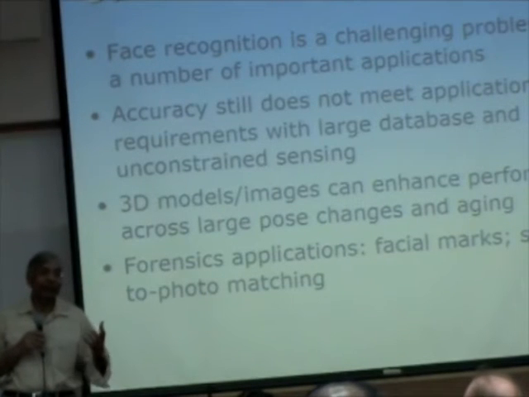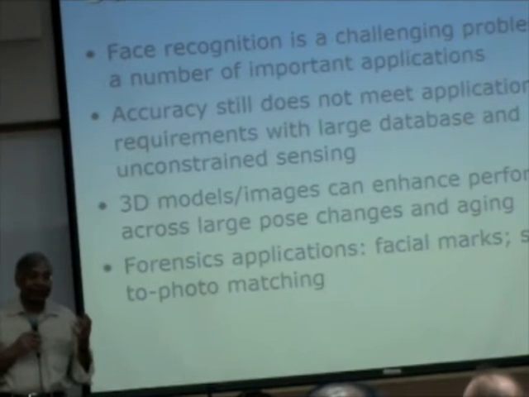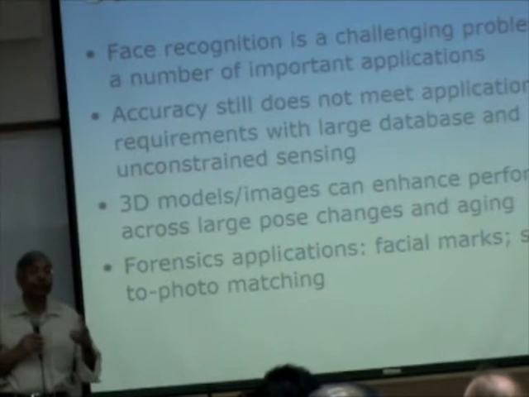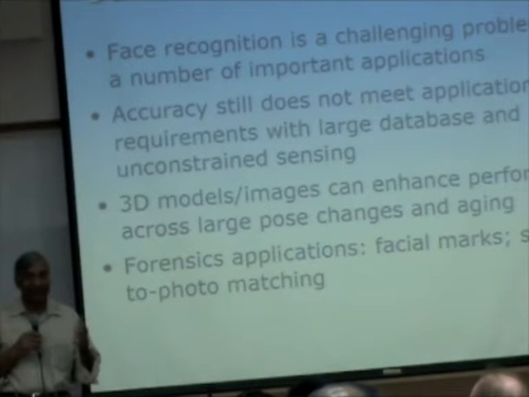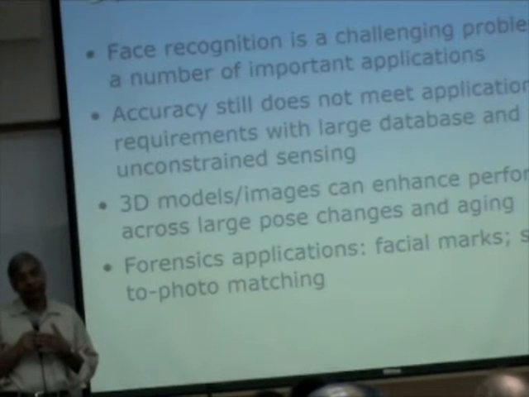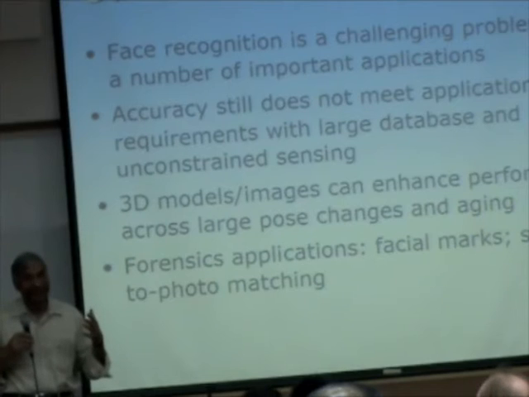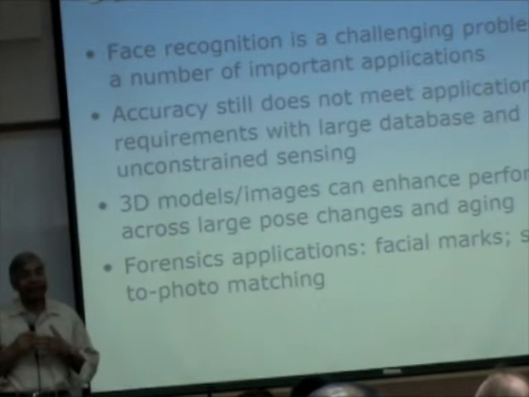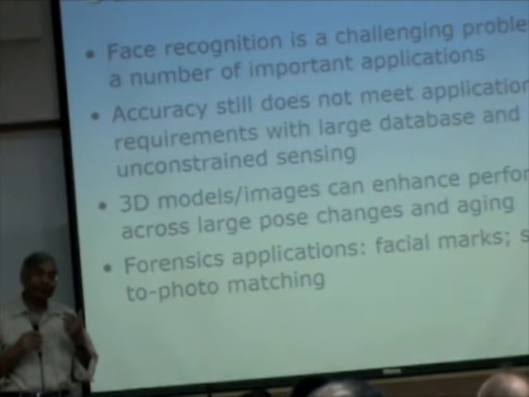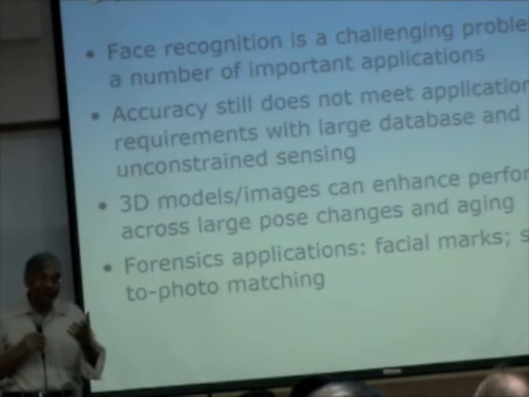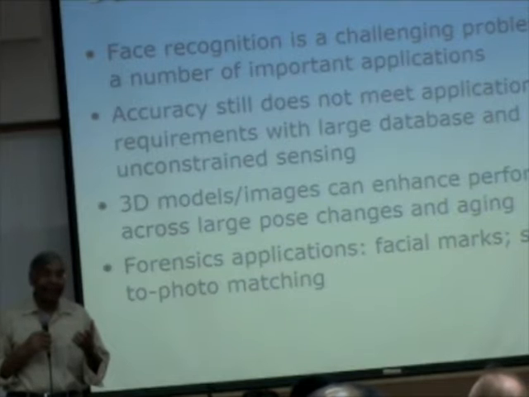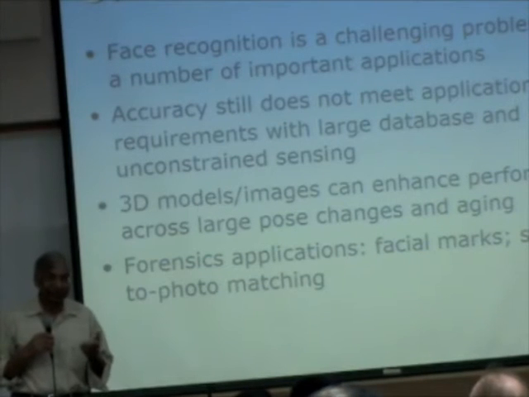So that means somehow we need to come up with salient features for that particular person. These are not features across the whole population. So how do we find person-specific salient features? First we must be able to detect the features in a face, and that itself is a very difficult problem.